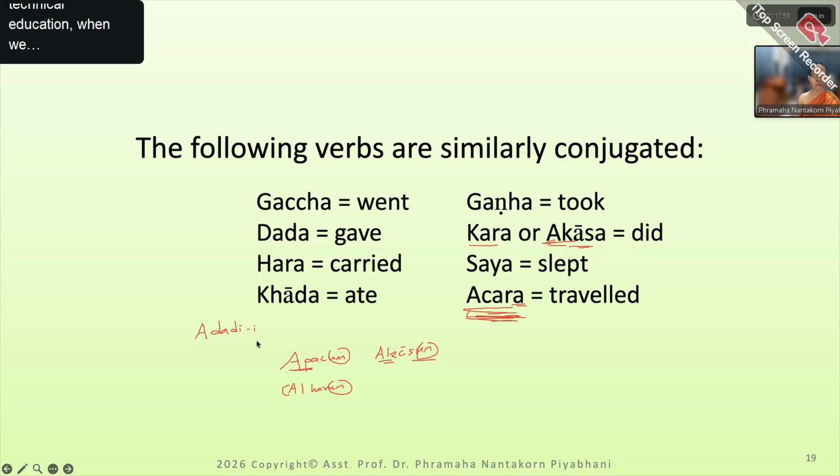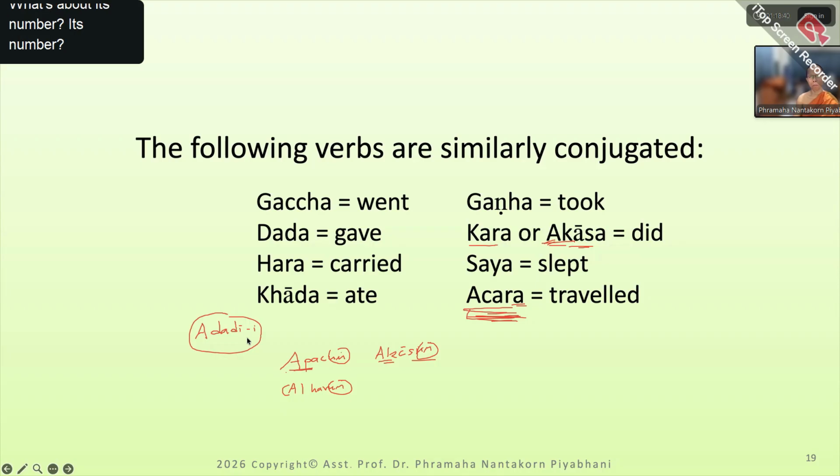When we conjugate any verb, all four parts are connected. For example, atati, atachi. What is its tense? Past tense. What is its voice? Active voice, not passive voice. What about its number?